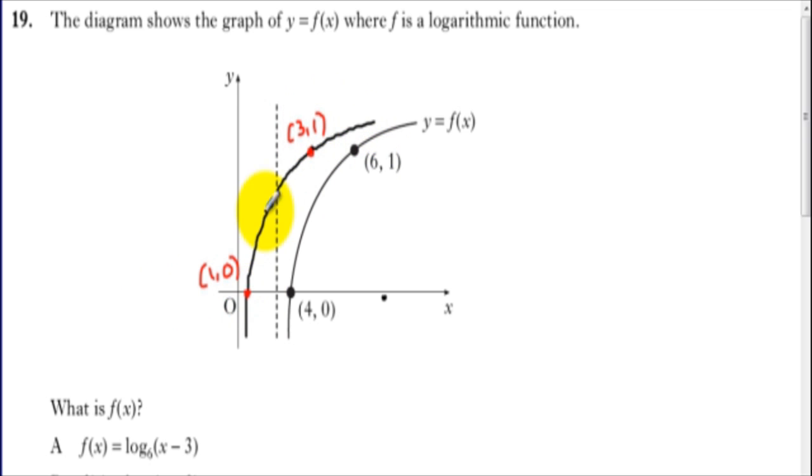When we see that, we see that the original graph must have been log to the base 3. And because it's then been moved 3 to the right, in the brackets with the x will go minus 3. So this is the graph log to the base 3 of x minus 3. So the answer is C.